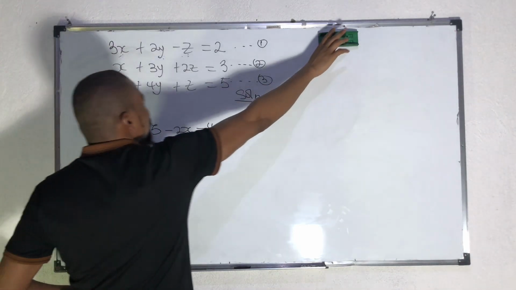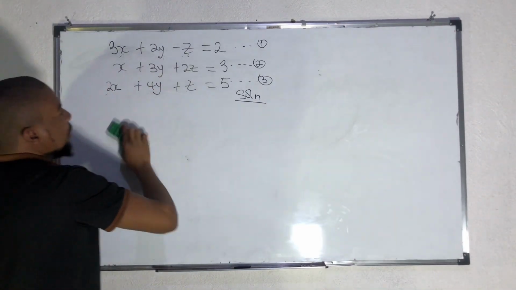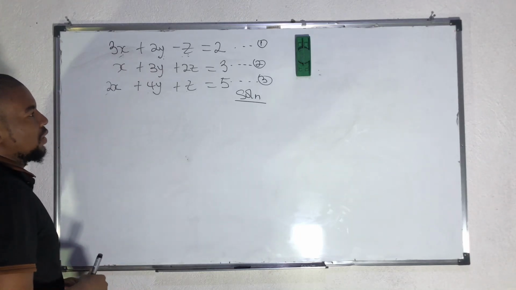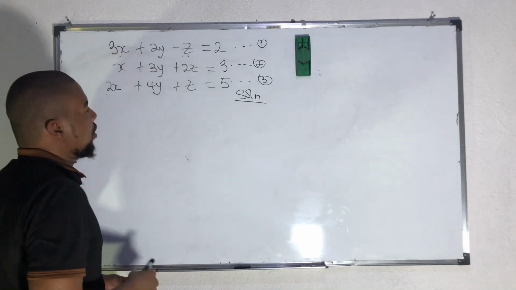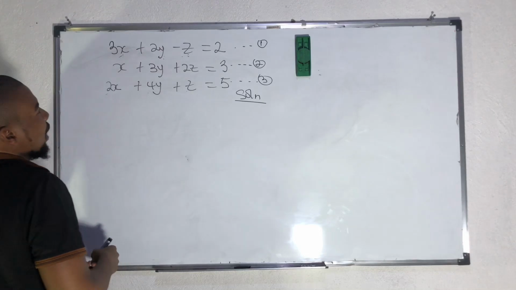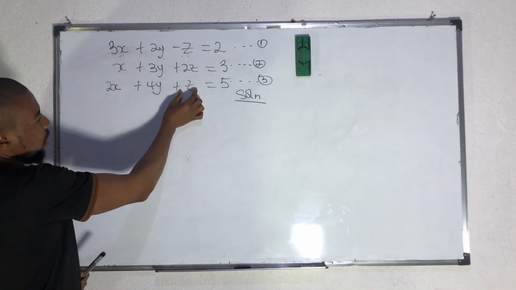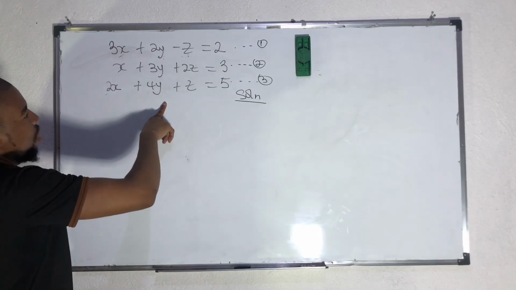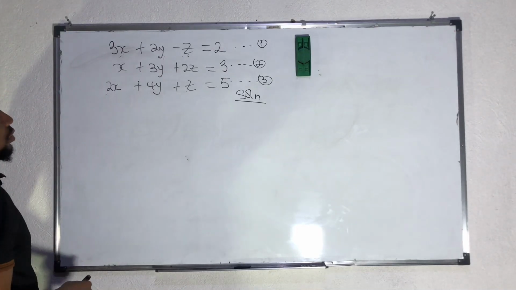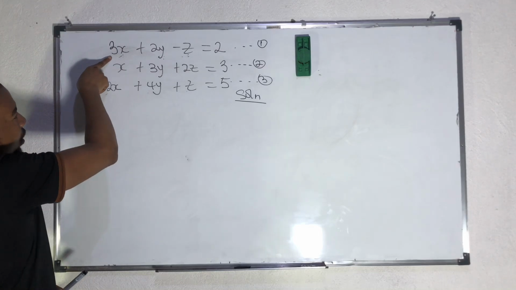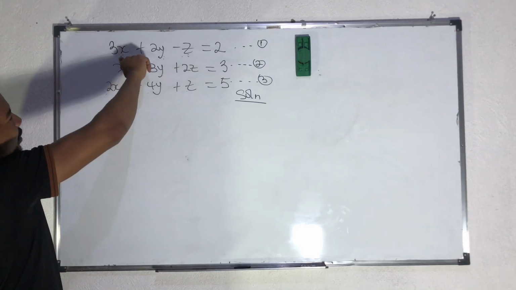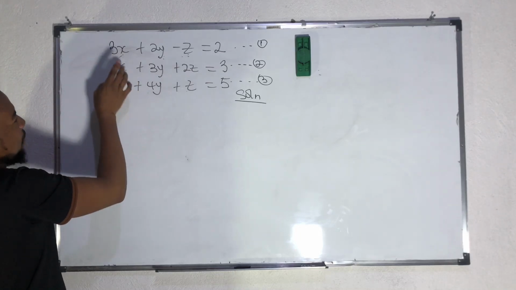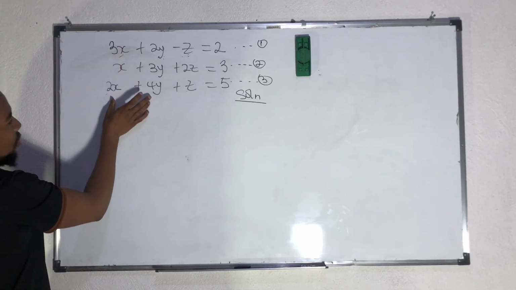But I'm going to use a variable that the coefficient is greater than 1 to show you how to solve this, in case your teacher decides to trick you by giving you equations that do not have a z that stands on its own or an x that stands on its own. Therefore, I'm going to use equation 1, and in equation 1, I'll make x the subject of the formula so that we can find the value of x and plug it into equation 2 and equation 3.